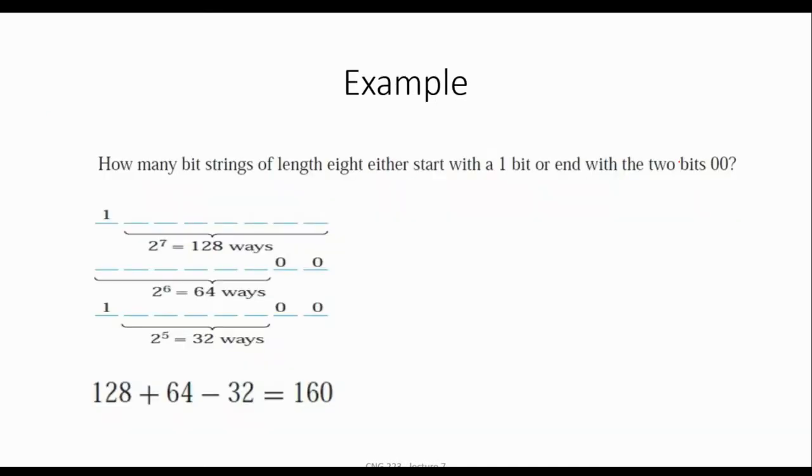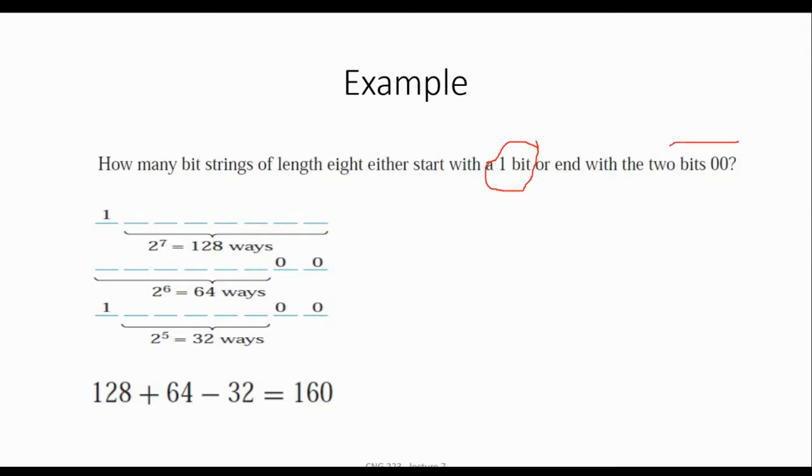Let's go through this example to see how we can use that formula. How many bit strings of length 8 either start with a 1 bit or end with 2 zero bits? In order to answer that, I need to see what are the sets that I can define, or you can just define it in terms of the number of possibilities.